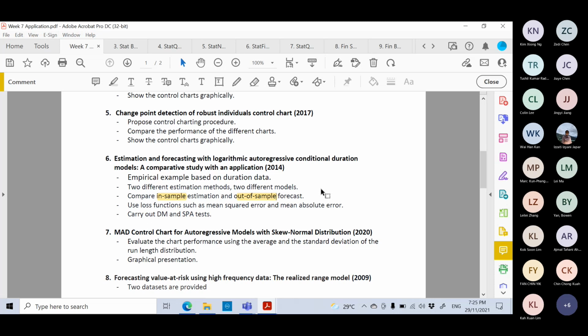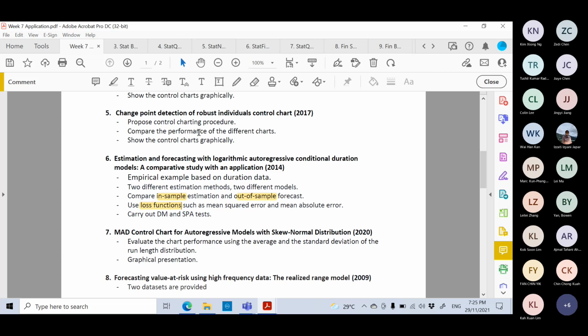Basically they use the loss function to measure this. Even so, there are many different types of loss function; last week I also showed you that there can be different types of loss function.